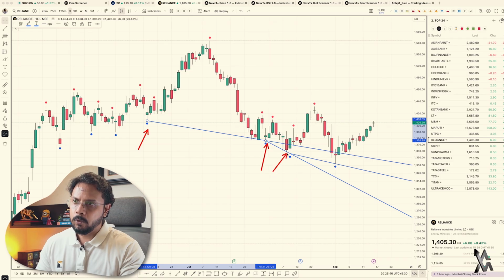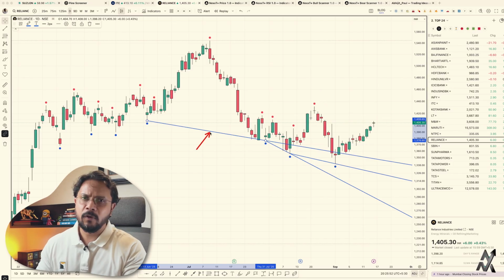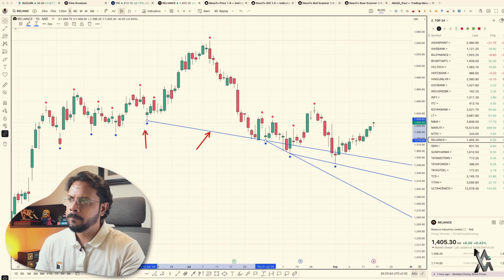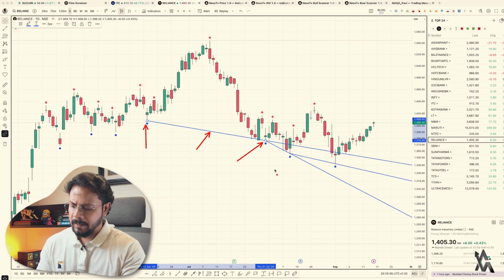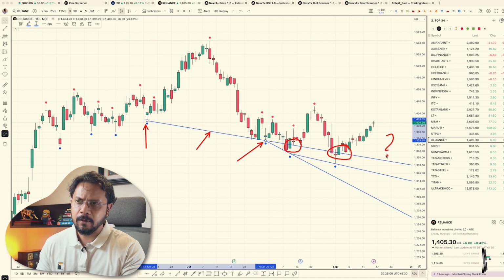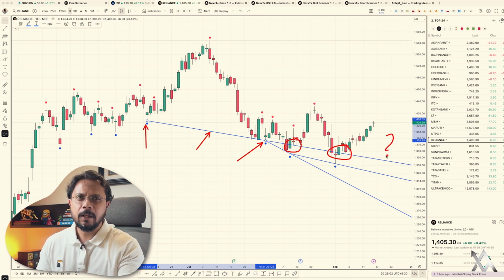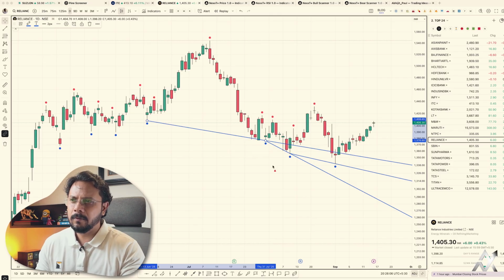Now it was broken, then it managed to bounce, and then it broke again. So is this trend line that we drew just now using these 2 points, did it have any relevance? I'm asking the chart. Did this trend line really offer any good support or not? Well, not really. It got broken a couple of times and managed.